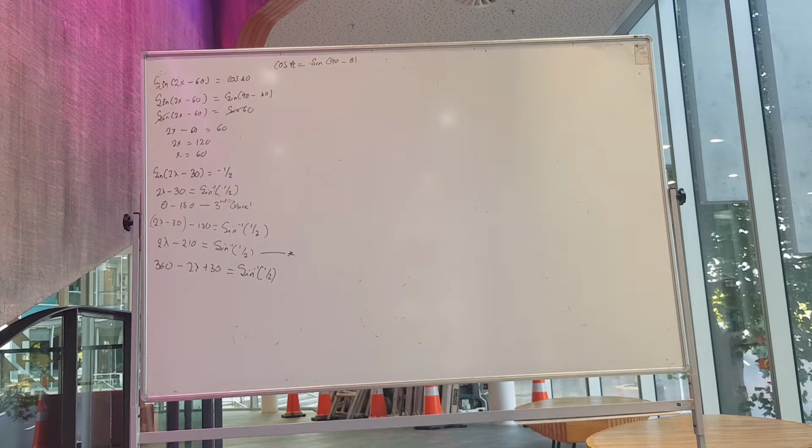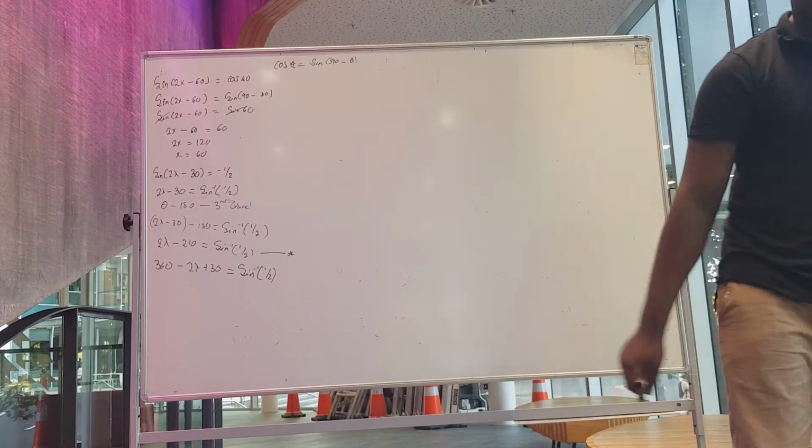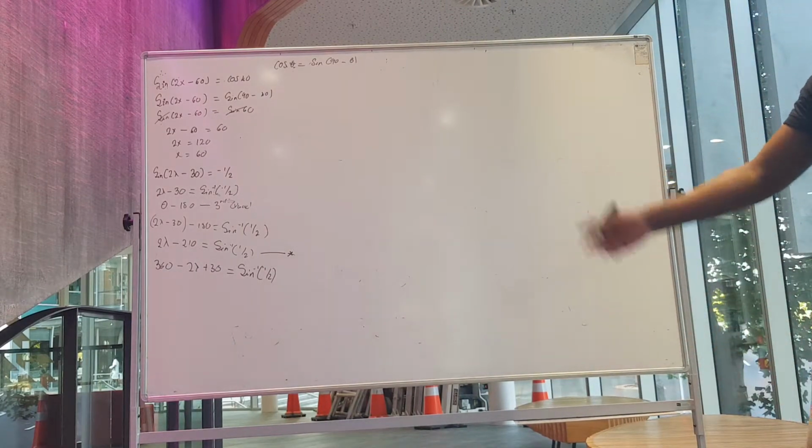Okay, so that would be that for that. So you can solve for lambda here. I have no calculator, so I have to just do it like that and let my audience do the rest.